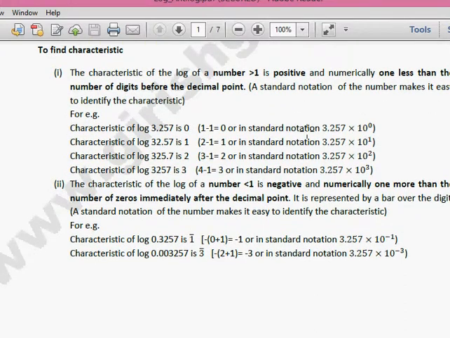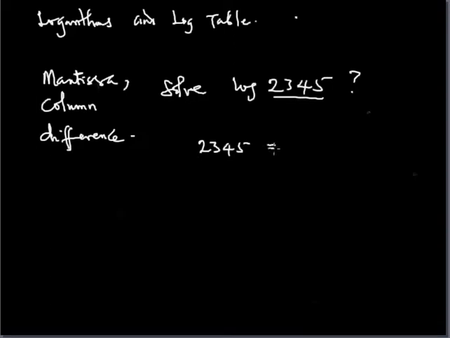Can you see standard notation? So you have to write this in standard notation, you have to write 2.345 times 10 raised to power 3, because you are moving backward, it's going to be positive. This is notation standard or standard notation.